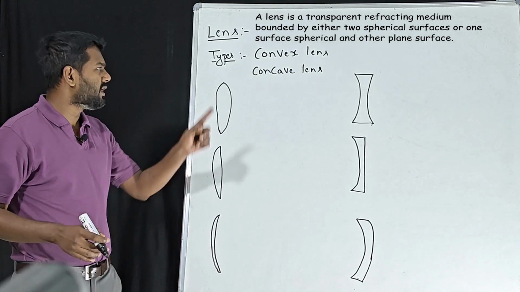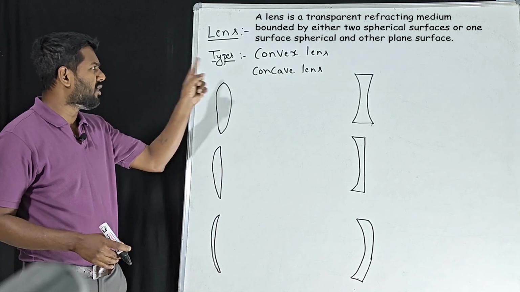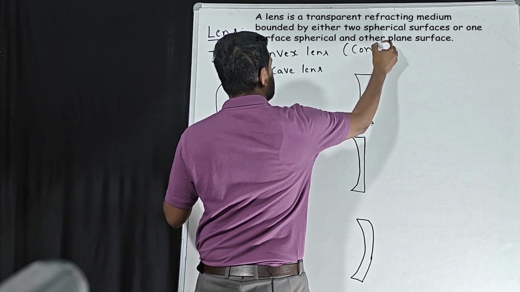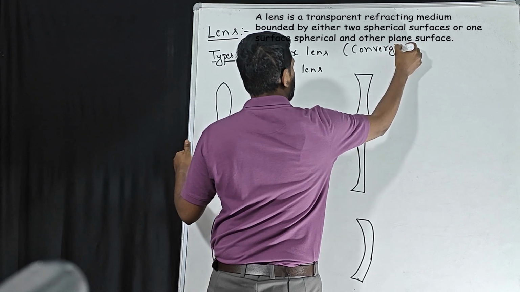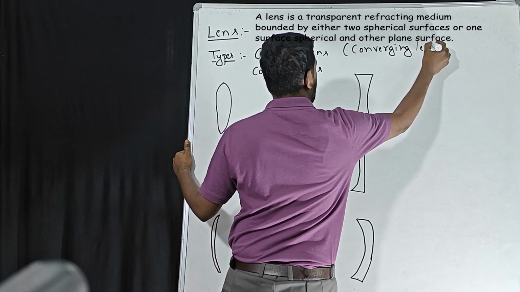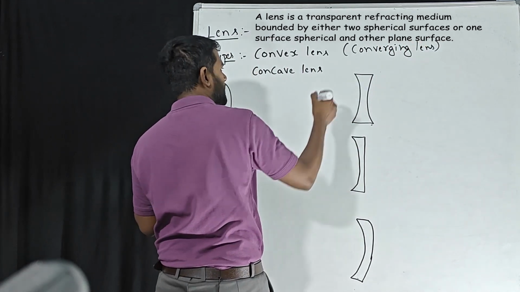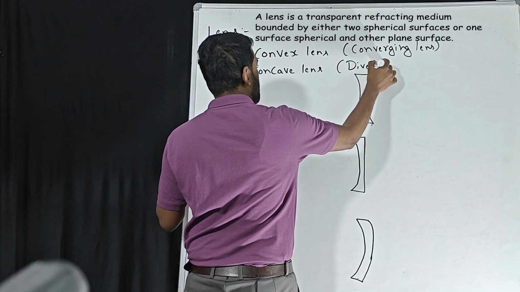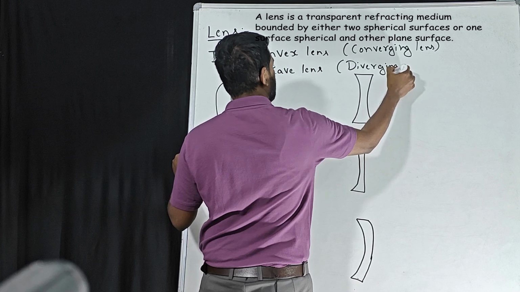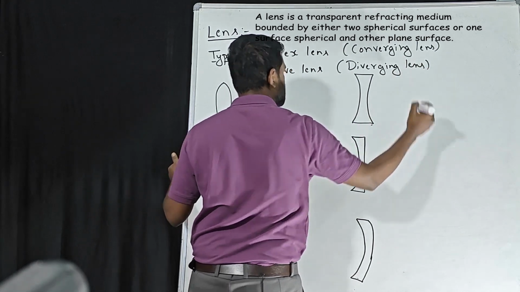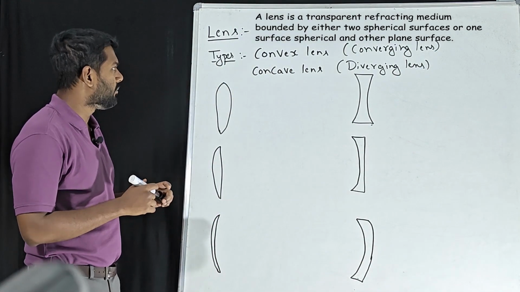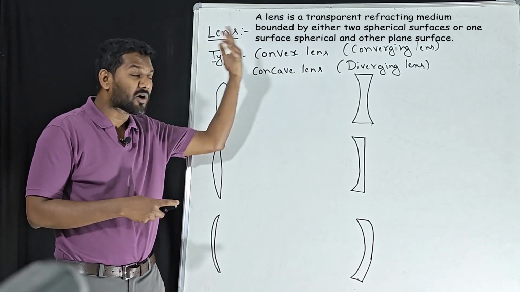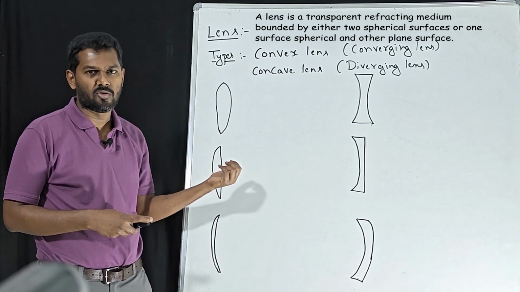Convex lenses are also called converging lenses. Concave lenses are considered diverging lenses. Why a convex lens is called converging, and what we mean by converging, all those things we are going to understand.